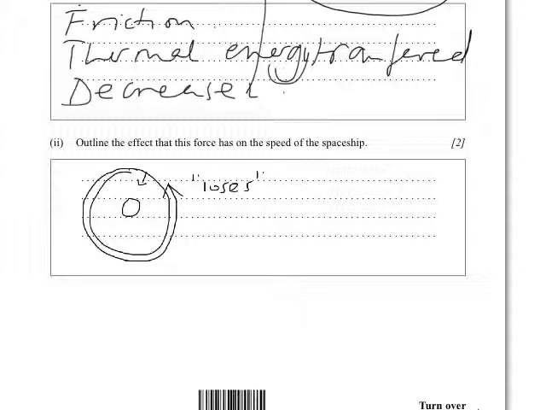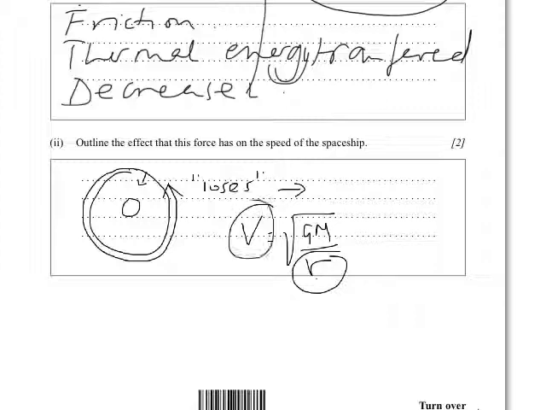It does, however, increase its velocity, which is a bit strange, but let's have a look at a formula for our speed, which equals the square root of GM over r. If we reduce r, if we make this smaller, it actually makes our value of v greater. And so therefore the answer is v increases.